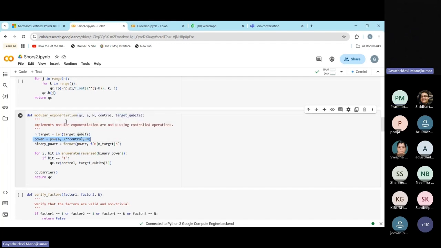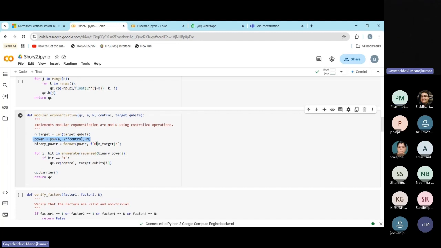This result is going to be converted to a binary string of length equal to the number of target qubits. So instead of going with the representation of ket 1 to a to the power x mod n, we use this power formula, a to the power 2 to the control mod n, to convert to a binary string of length equal to the number of target qubits.